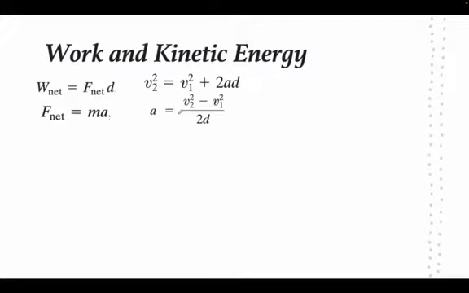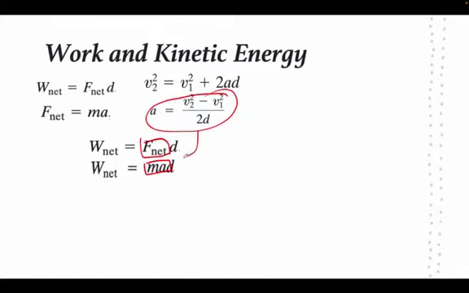Now, let's combine all this. So, once again, we know that work is equal to force times distance, and force is equal to mass times acceleration, right? So this right here is our net force. Then for acceleration, I'm going to substitute this value right here. So I'm going to take this value of acceleration and place it in that equation, and we'll get something like this, right?